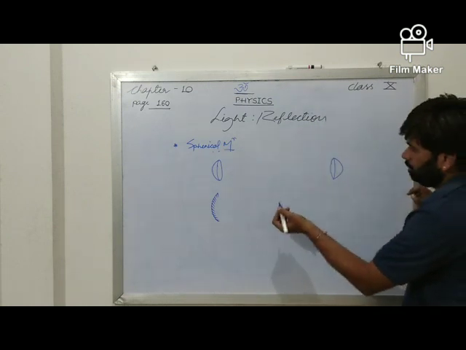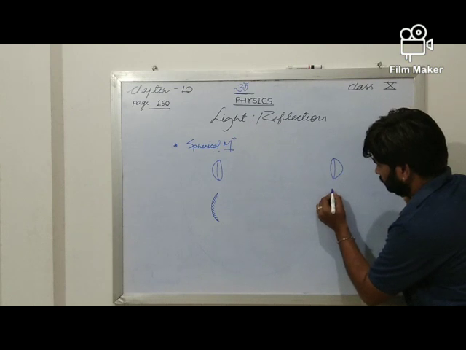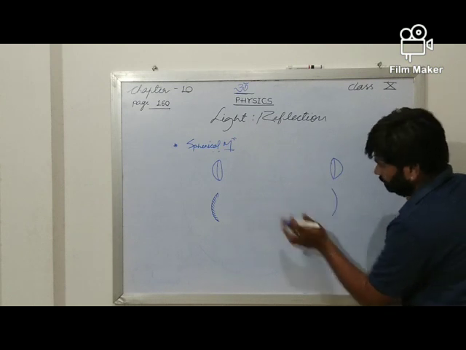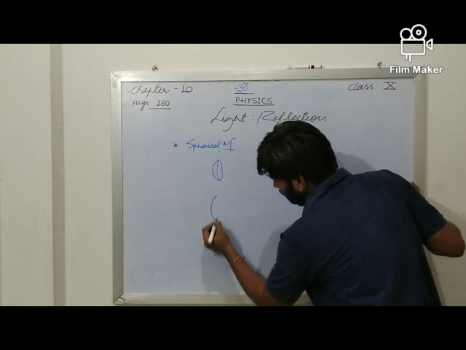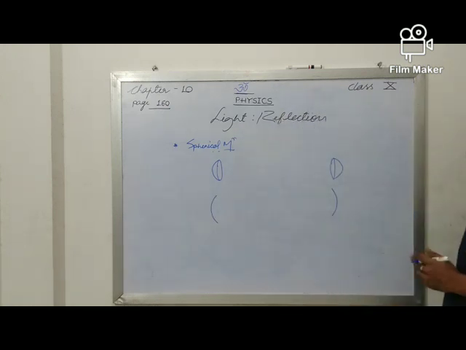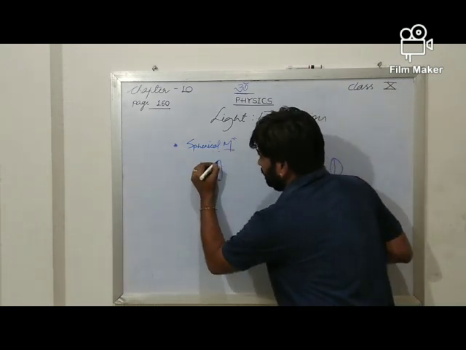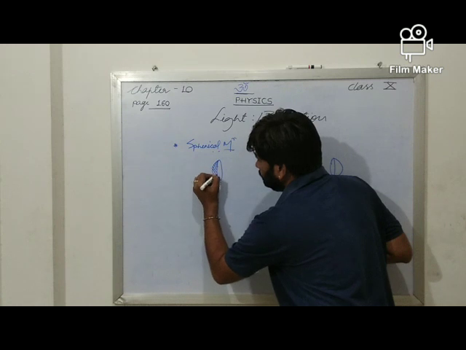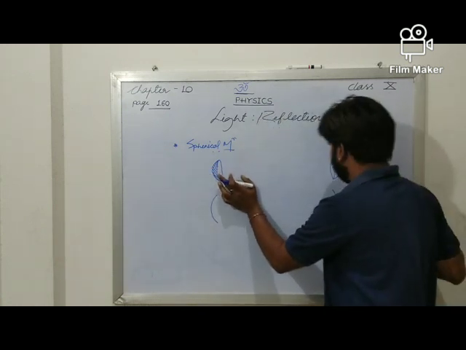And this is the second one. I should not polish it right now, but yes, I can. Like this and like that. Now, in one case, the outer portion will be non-reflecting and the inner will be reflecting.